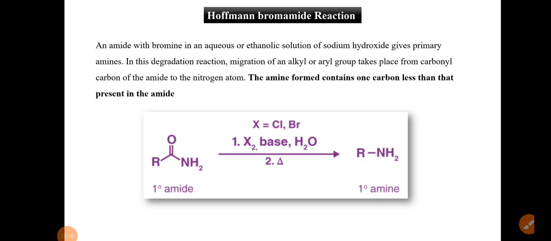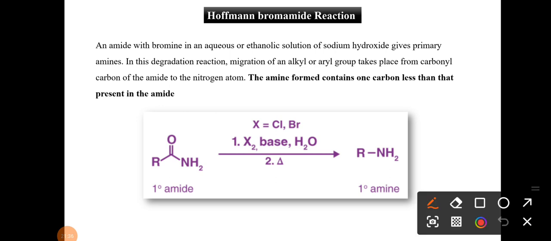The amine formed contains one carbon less than that present in the amide, right? So guys, this reaction involves a primary amide going to a primary amine, and the statement is one carbon less than your amide.